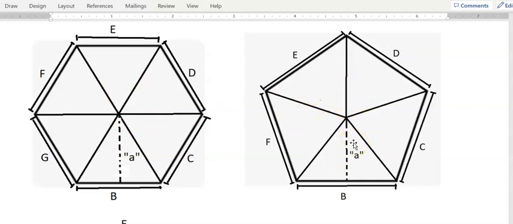If I was you, I would go with the 5-sider first to develop the formula and then confirm it with the 6-sider. It's going to be easier to develop the formula with the 5-side one. So people at home, I'm going to pause the video so the students can do this activity to develop the formula. You're trying to change these regular polygons into a shape you've already worked with.